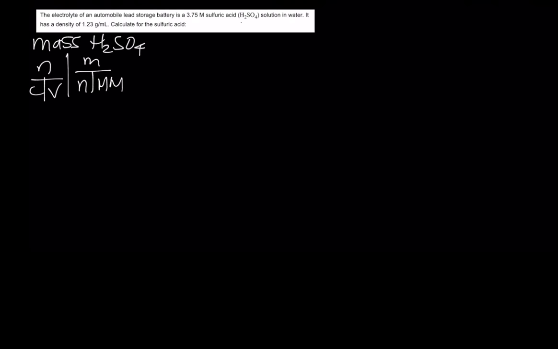Because we're given the concentration of sulfuric acid and the volume of the solution, we can use that in order to calculate the number of moles provided by the sulfuric acid. So the moles of H2SO4 is equal to the concentration times the volume.